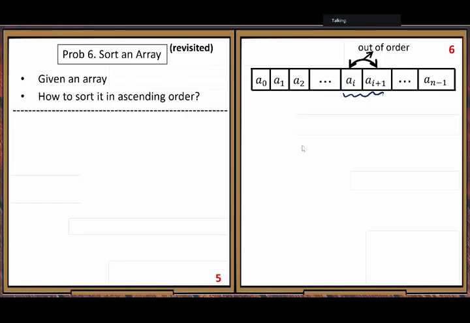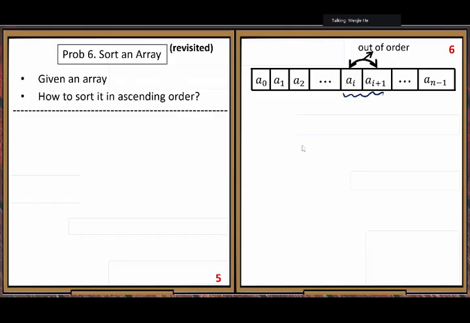But you need to consider that some of the elements may not follow that property. Some of the elements may not have the ascending order.